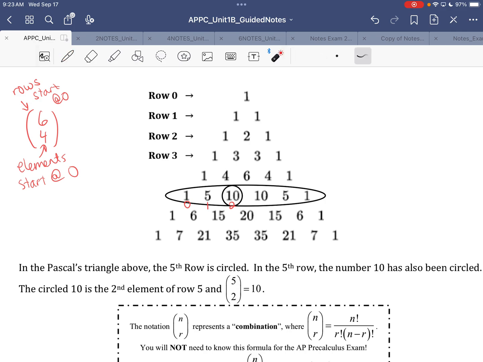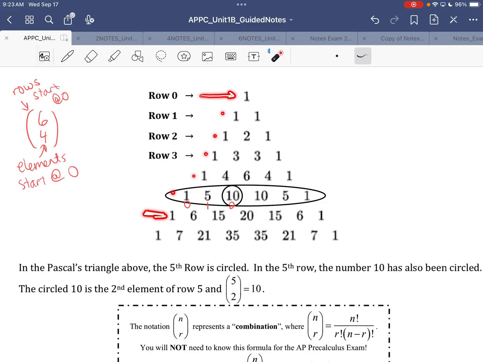So this is the 0th row. 1, 2, 3, 4, 5, 6. So you should be looking in the row that goes 1, 6. And what do we get for the 4th term?